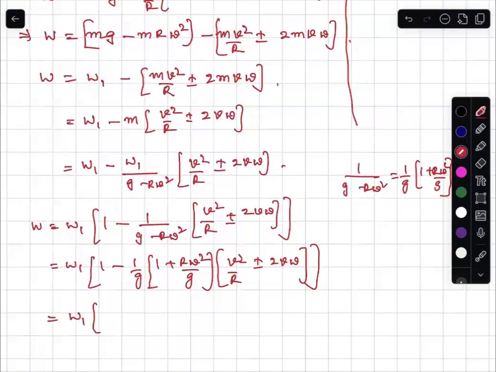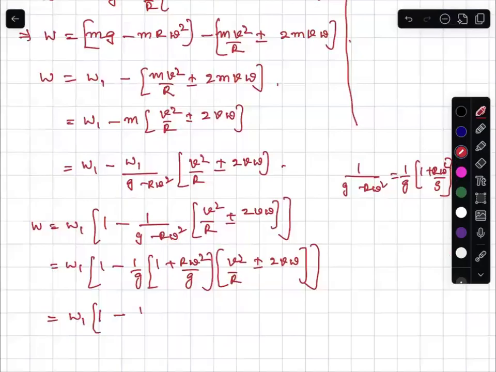Clear or not? Just please confirm. If you take g common, it becomes 1 by g, and there 1 minus r omega square by g, you'll write it as 1 plus r omega square by g. Right. So you need to do some multiplication here.